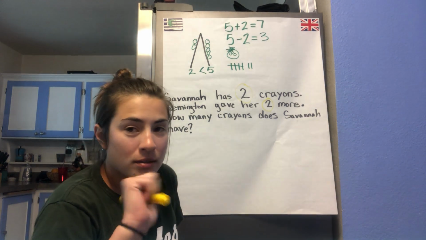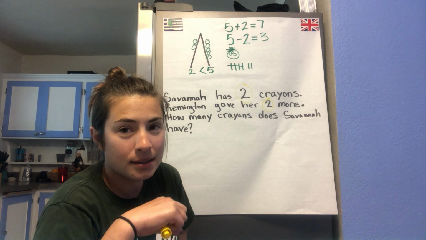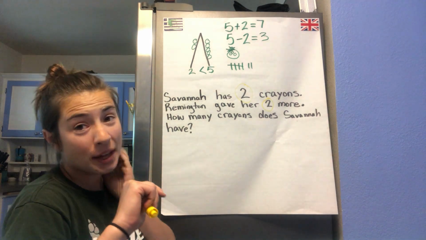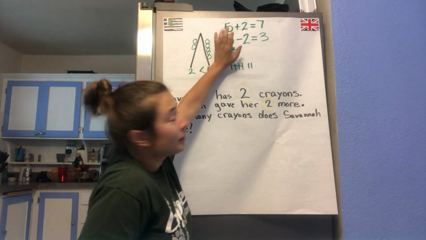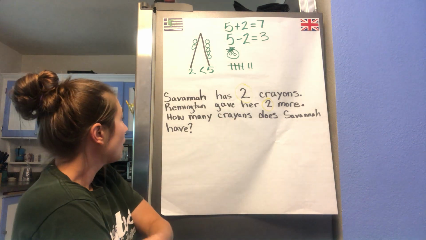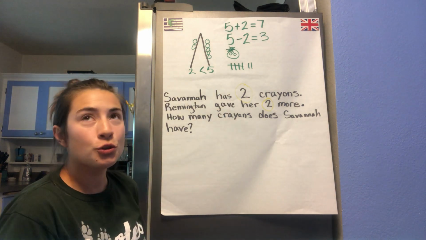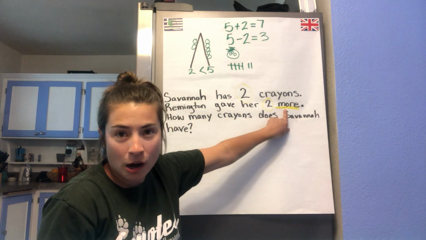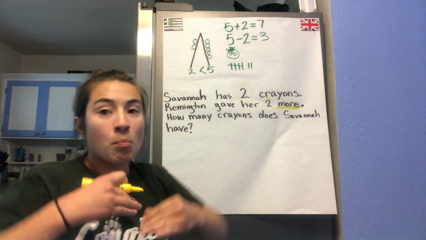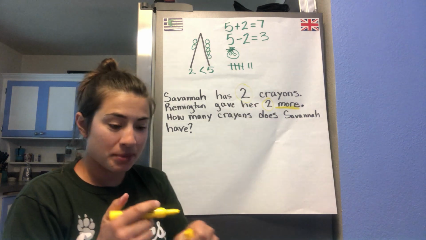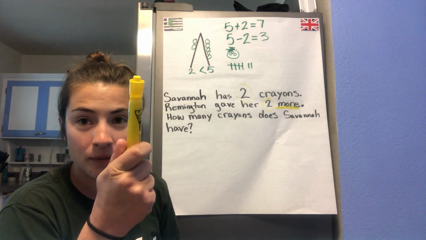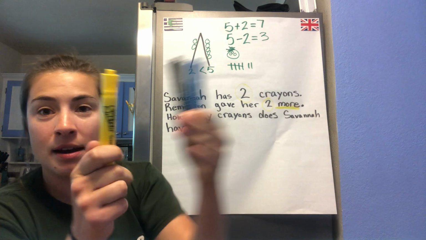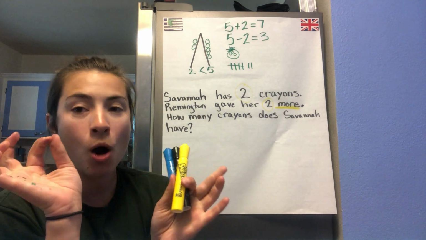Now, the math term in this, the clue that lets you know whether you're doing addition or subtraction, is Remington gave her 2 more. If you're getting more of something, like I have 1 marker and I got 2 more.